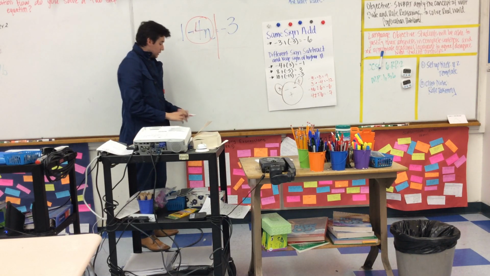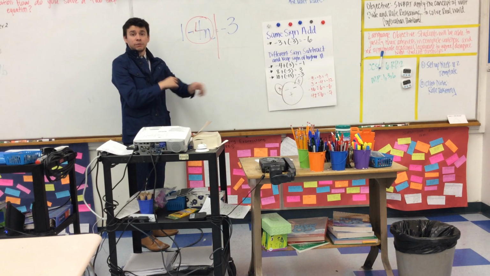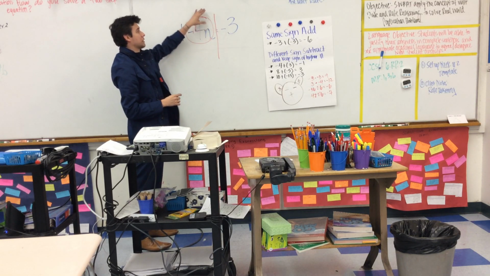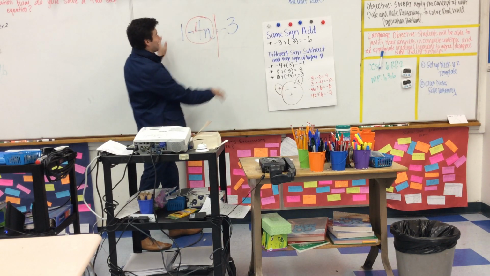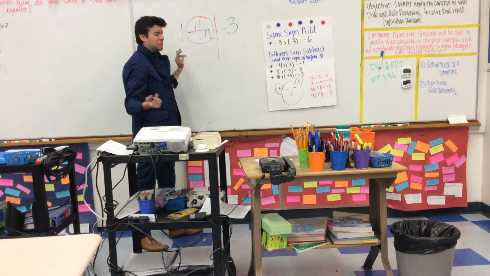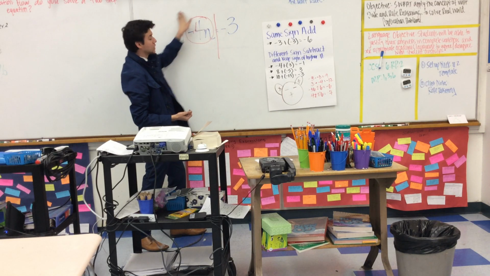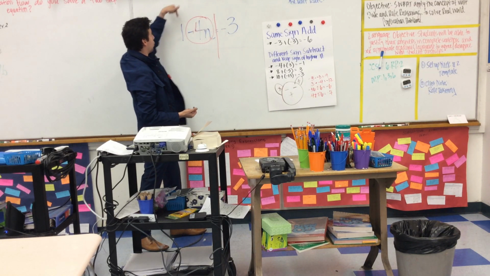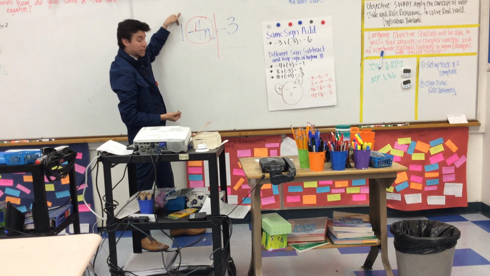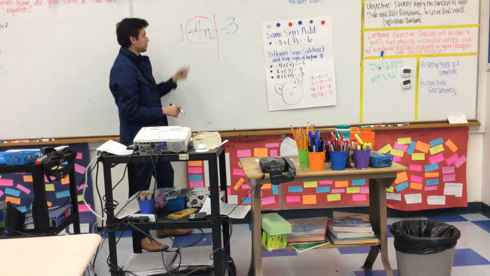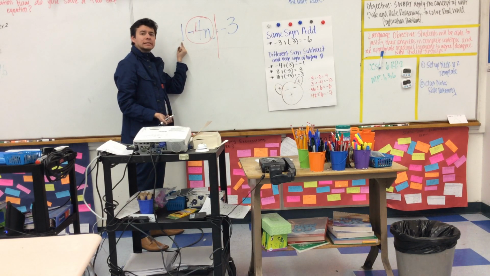Now, focus on the side where the variable is at. The variable is on the left side, so I only care about here. I don't care about this negative 3. So focus on this side. Who's not inside the bubble? The 1. Now think, what is that?